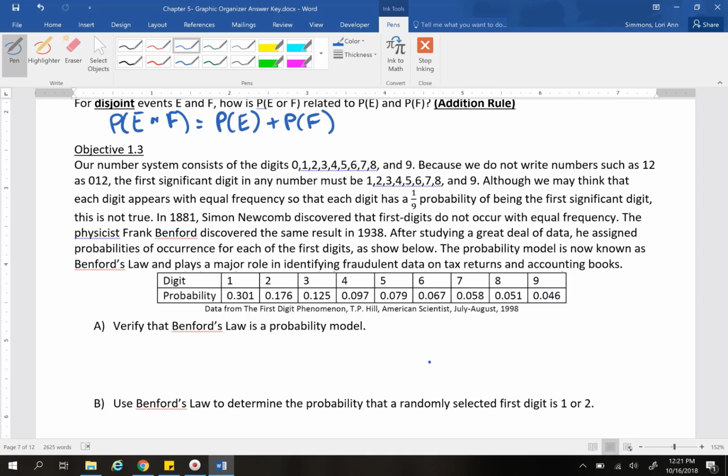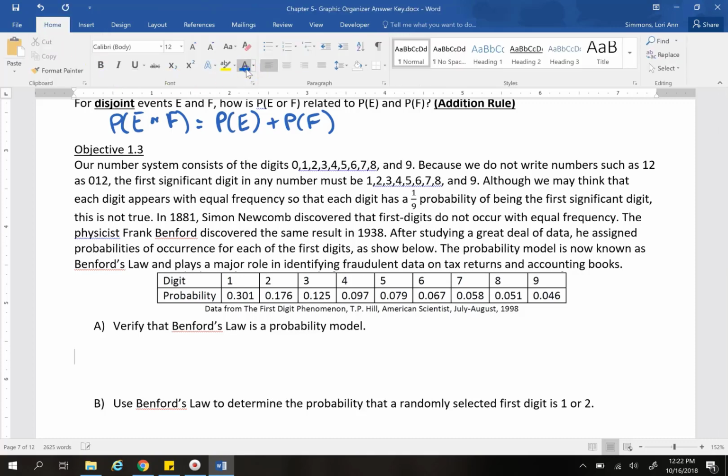In 1881, Simon Newcomb discovered that first digits do not occur with equal frequency. The physicist Frank Benford discovered the same result in 1938. After studying a great deal of data, he assigned probabilities of occurrence for each of the first significant digits as shown below. The probability model is now known as Benford's law and plays a major role in identifying fraudulent data on tax returns and accounting books.